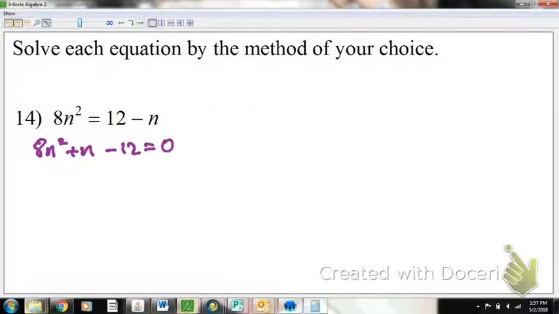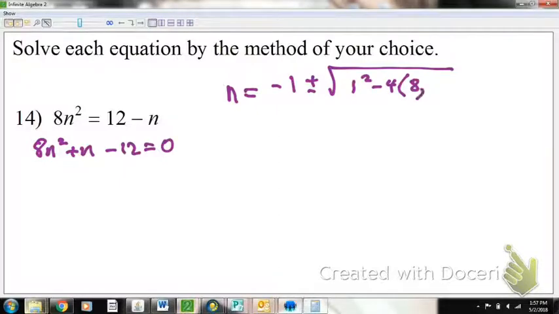Let's switch over to the quadratic formula. So we'll get n equals negative 1 plus or minus the square root of 1 squared minus 4 times 8 times negative 12, over 2 times 8.